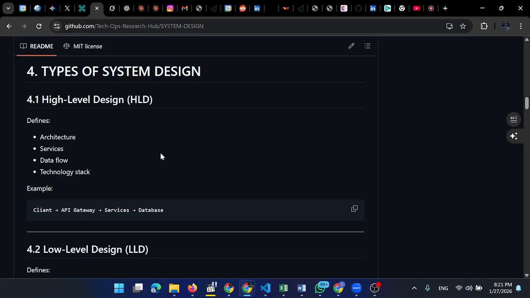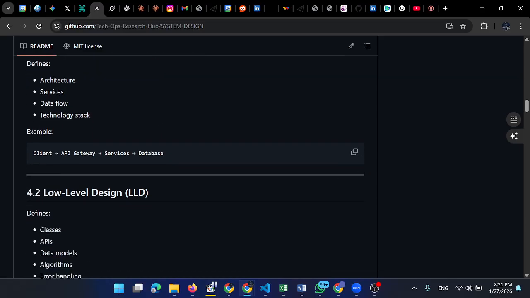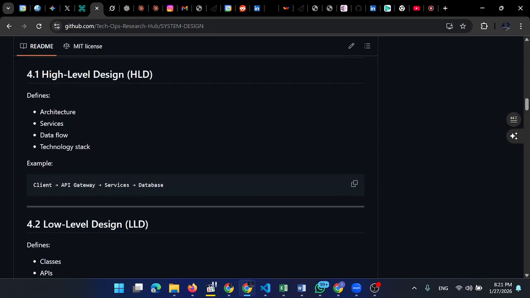So an example could be client to an API gateway, then an API gateway to services, then services to database, right? So we will try to understand how this architecture actually looks like.